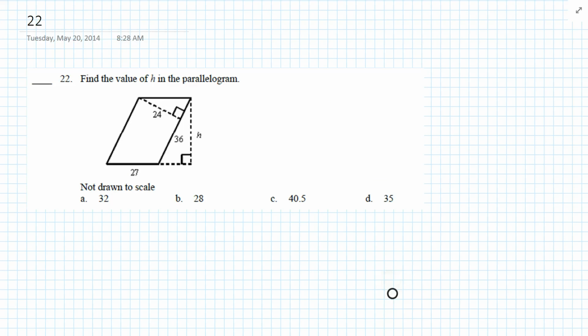22. Find the value of h in this parallelogram. Here's what we know. The area of a parallelogram is base times height. Does not matter which base or which height.